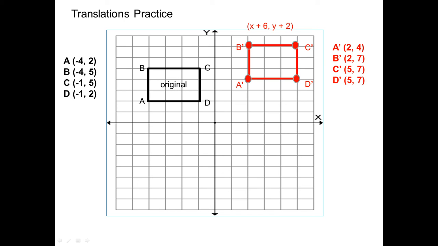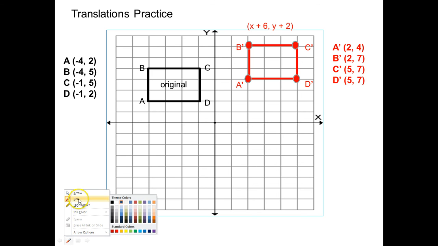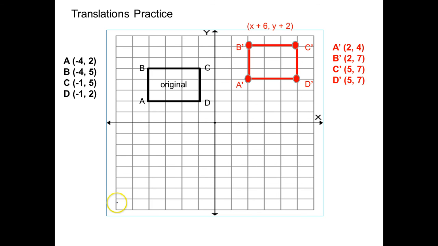My C prime, negative 1 plus 6 is 5, and 5 plus 2 is 7. And my D prime, negative 1 plus 6 is 5, and 2 plus 2, well, that D prime is not 7. That D prime should be 4. So let's go ahead and make a little note here. Hopefully I've caught that. That's the only one we've got. That should actually be a 4.